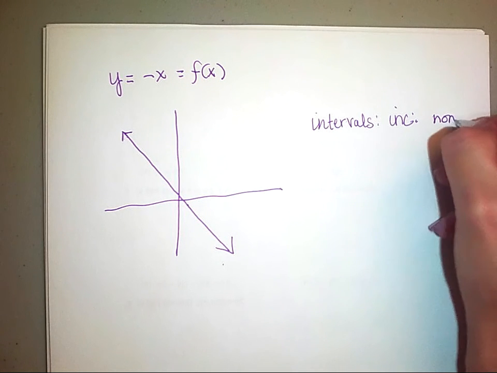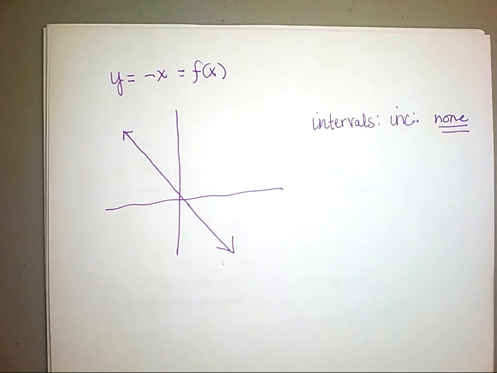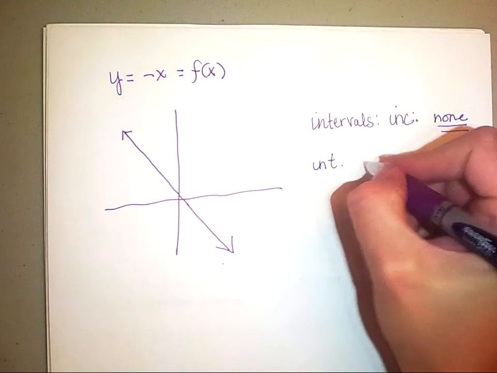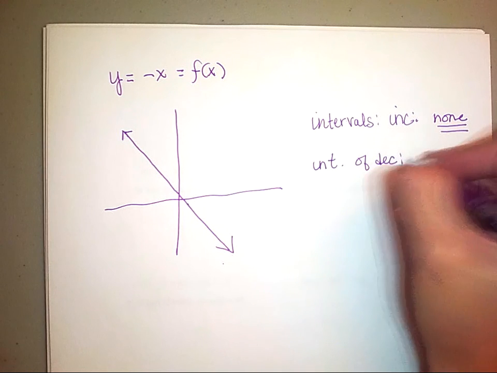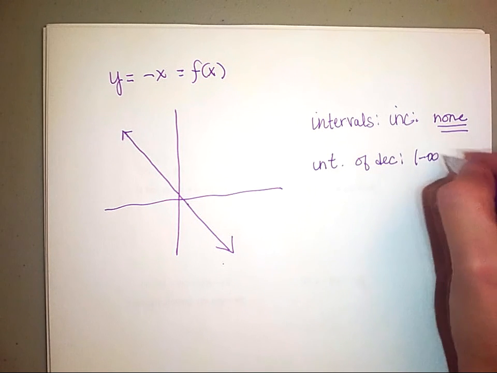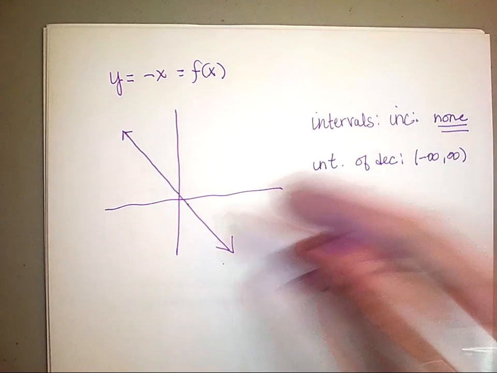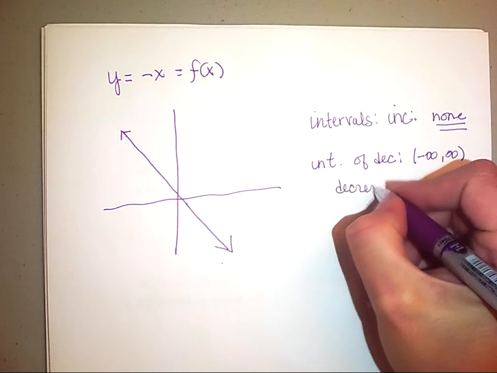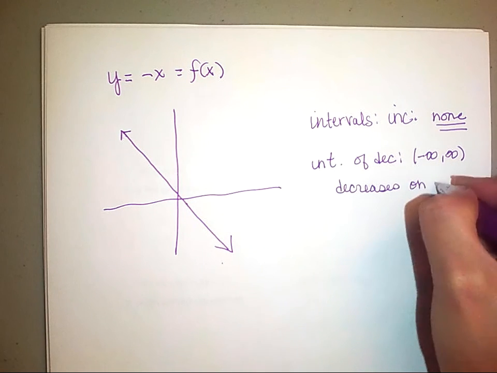Okay. So if I asked you about the intervals where it increased, well, this is a decreasing line, so there are no intervals of increasing. Okay, so none is a perfectly acceptable answer on that worksheet.